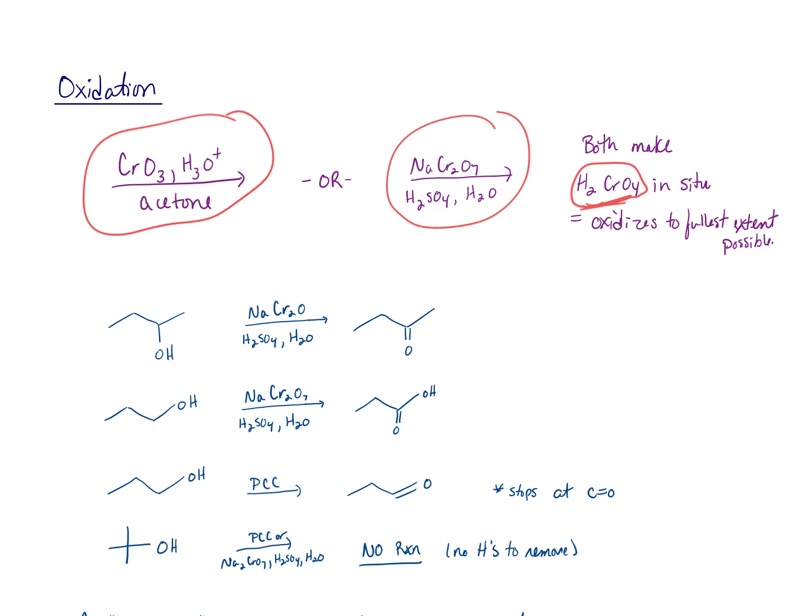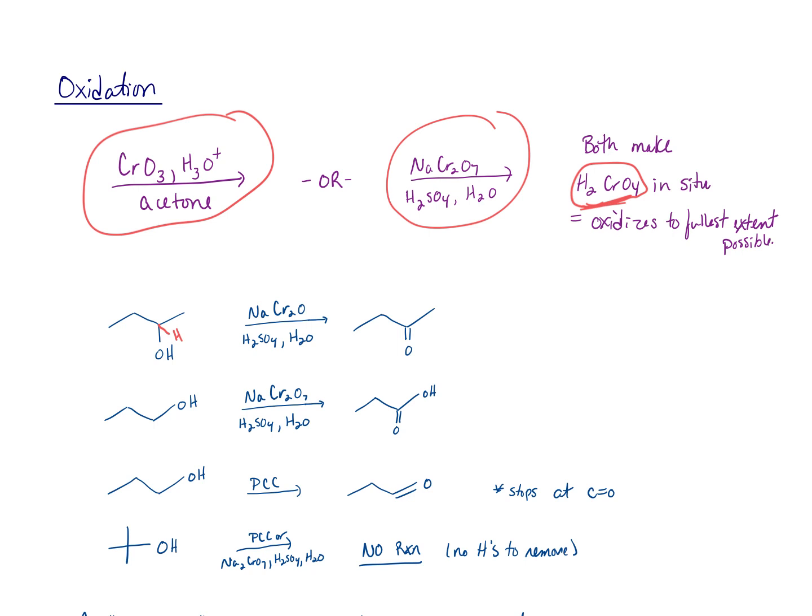These oxidize to the fullest possible extent. And what is possible is that if there's a hydrogen left on that carbon, it can still oxidize one more time. Let me show you what I mean by this. If we have a secondary alcohol right here, we have another hydrogen here, but everything else is carbons or oxygens.